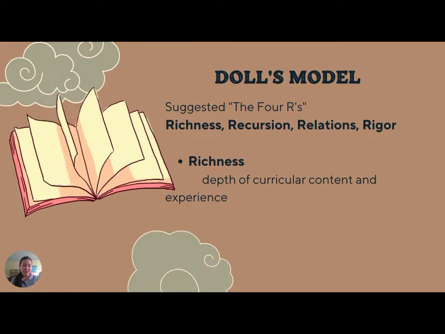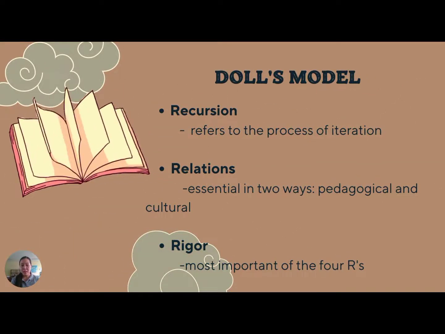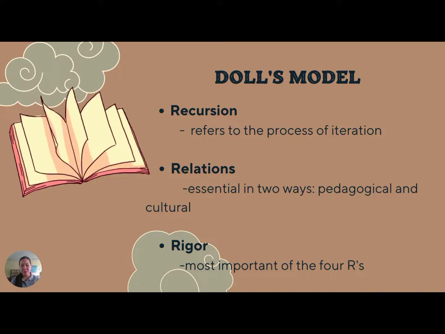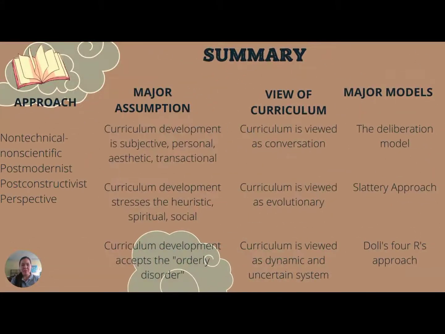So we have here the 4 R's. The first R is richness, which means the depth of curricular content and experience. Second R is recursion, which refers to the process of iteration. Relations, essential in 2 ways, the pedagogical and cultural. And last R is rigor, which is the most important of the 4 R's.